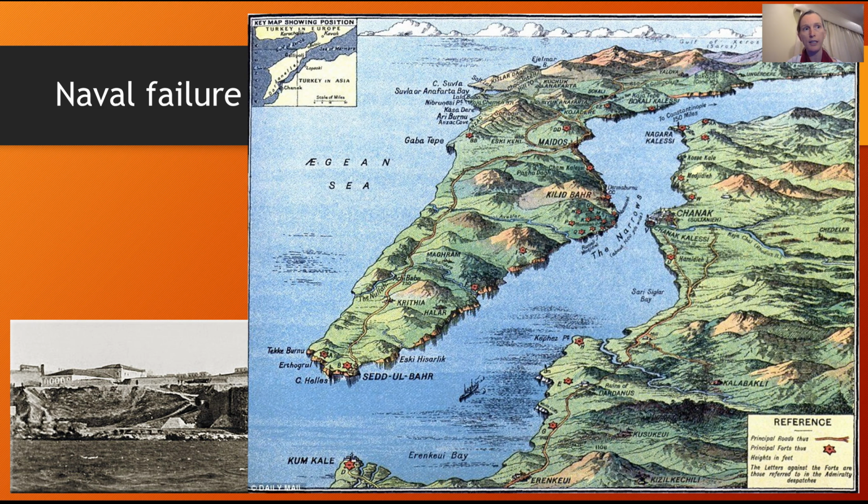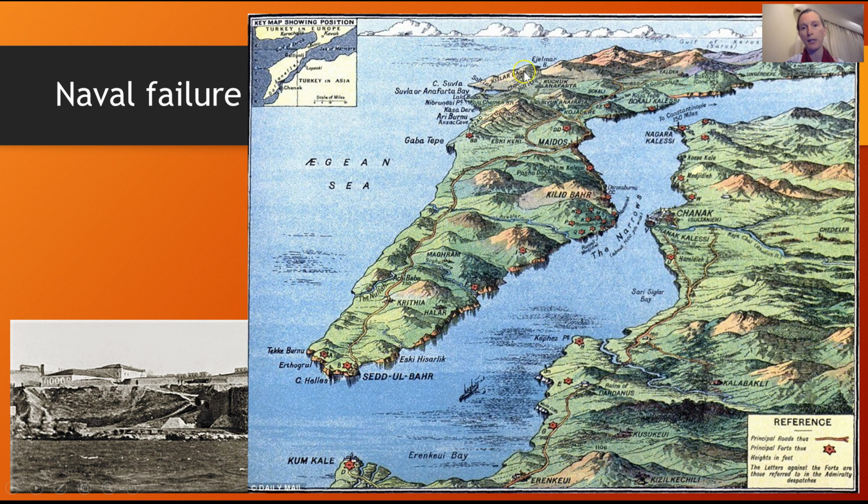The boats that were sent into the strait to remove the mines were manned by non-military personnel, and that meant that they couldn't be ordered into a life-threatening situation. And they actually refused to go into the strait because the gunners from the forts could kill them quite easily. And so what this means is that the Navy has to withdraw, and instead they decide on using troops.